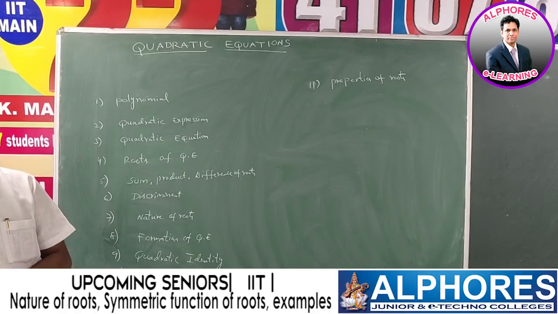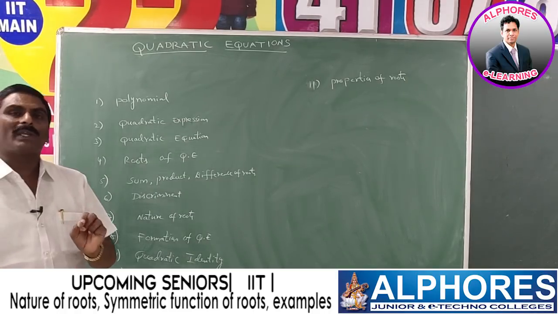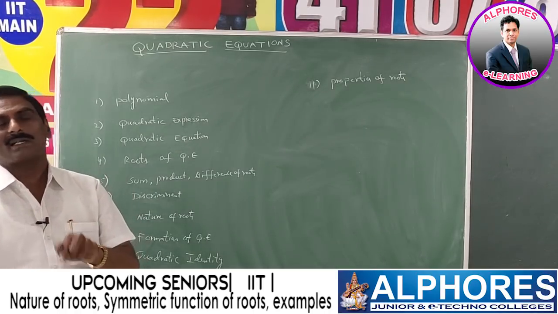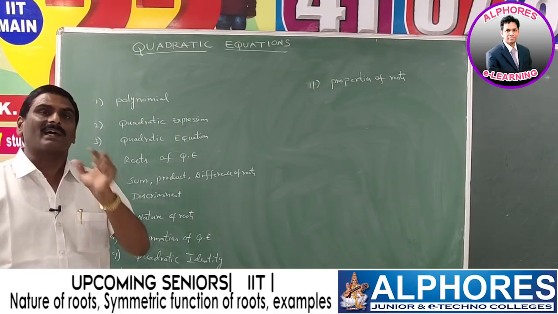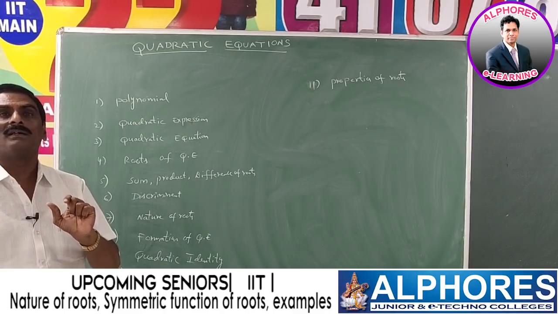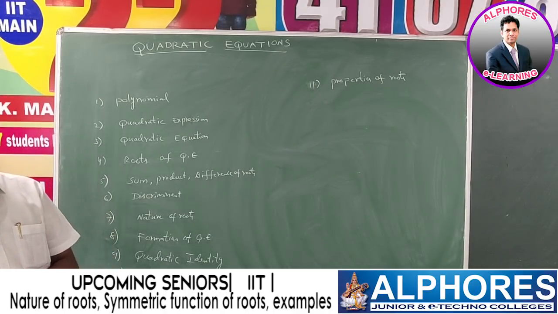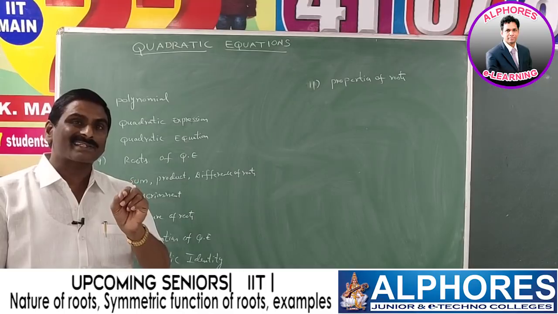In the second case, let us assume a, b, c are rational numbers and delta is the discriminant. If delta is greater than 0 and delta is a perfect square, then the roots are rational and distinct.